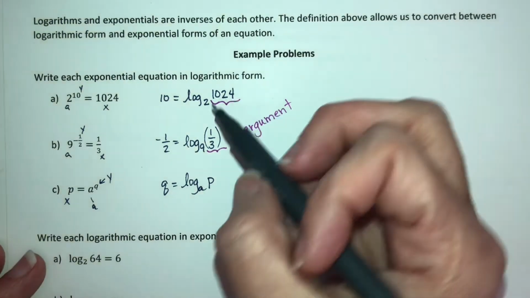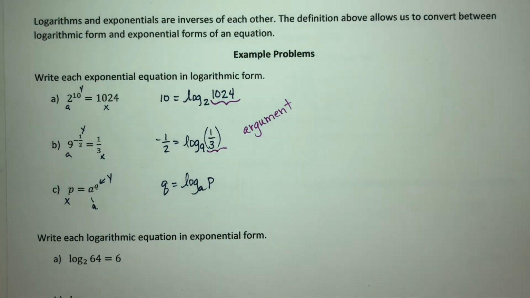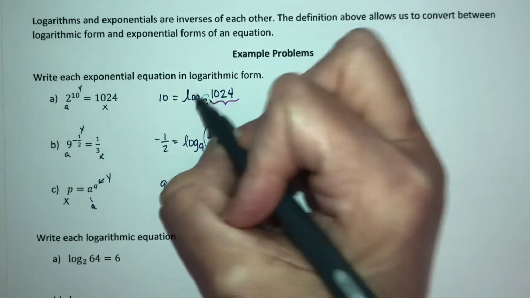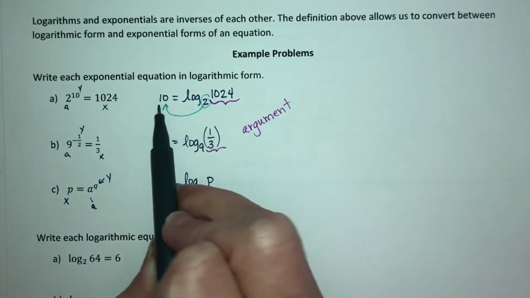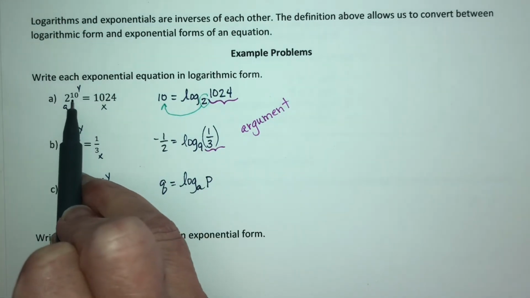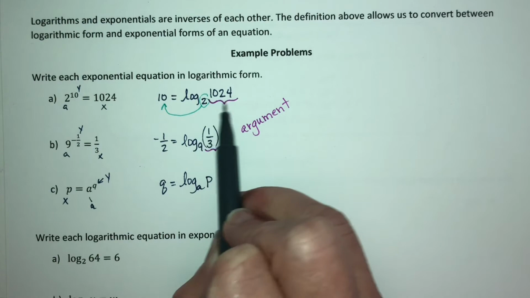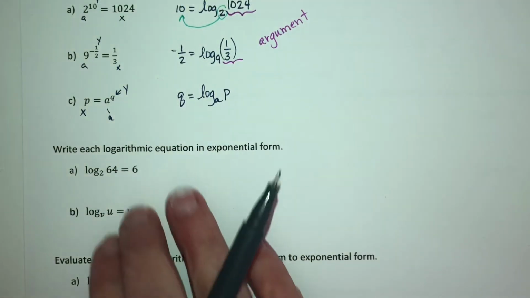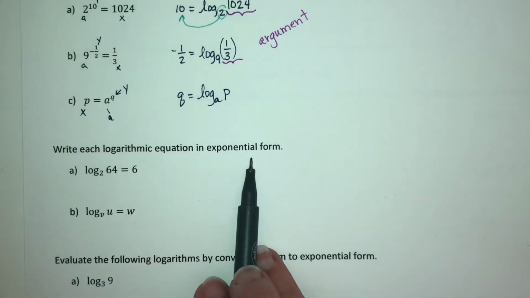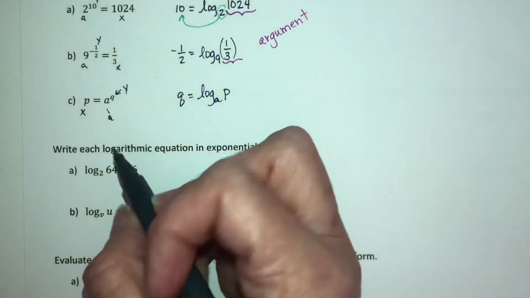Now notice right here, it's a little bit easier to see this as an animation going from logarithms to exponentials, and what's going on here is you can imagine this number swooping over to here and bumping that up. So the 2 pushes this up to be an exponent, and then it's equal to what you have right here. So if I want to convert these from logarithmic form into exponential form, we're going to do basically the same thing.